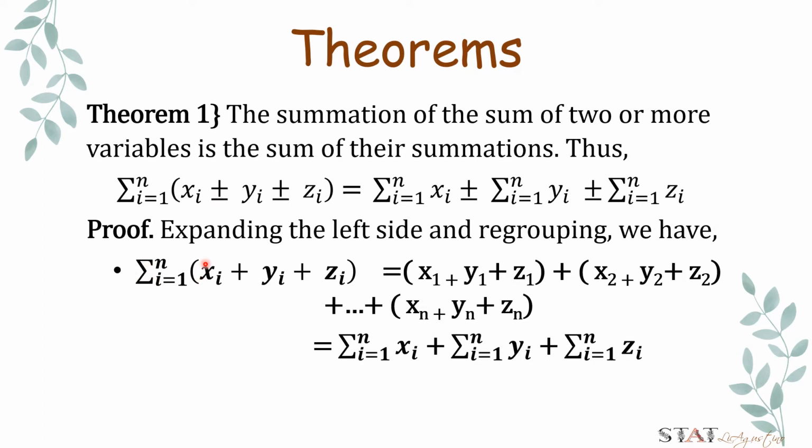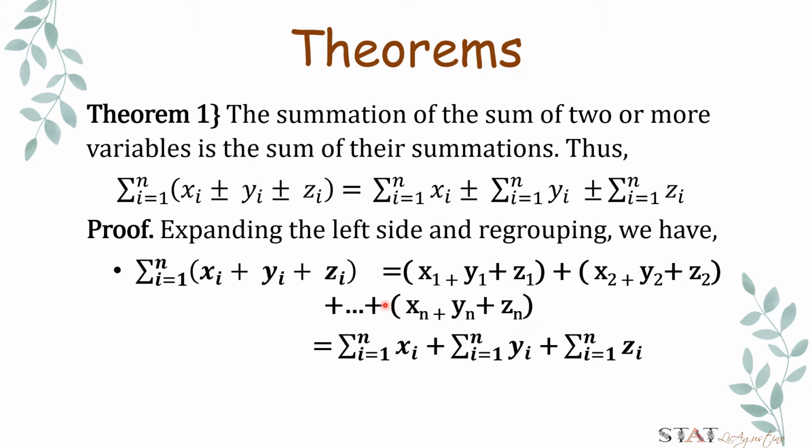Summation of xi plus yi plus zi, where i ranges from 1 to n, is equal to (x1 plus y1 plus z1), plus x2 plus y2 plus z2, again plus, using this series or ellipsis, meaning I have 1 here, 2, 3, until the upper limit of n. So plus xn plus yn plus zn.